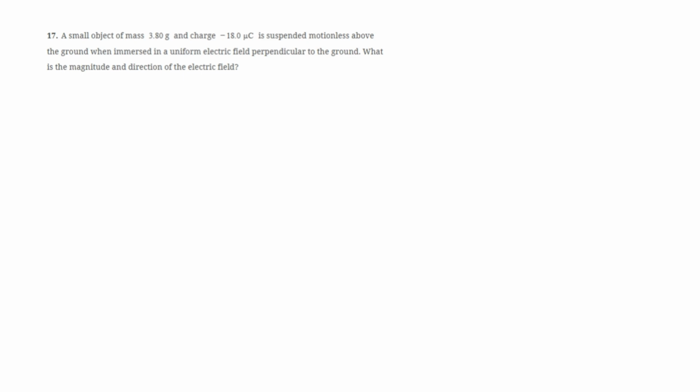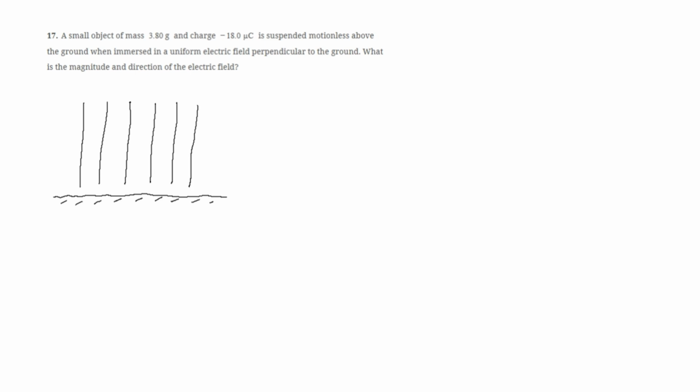So we have here the ground, and then we have an electric field that is perpendicular to the ground. These are the electric lines, right? It's a constant electric field. Now, what we don't know is the intensity of this electric field. So we have to find the intensity and the magnitude of this electric field, but also its direction. Now, what happens?